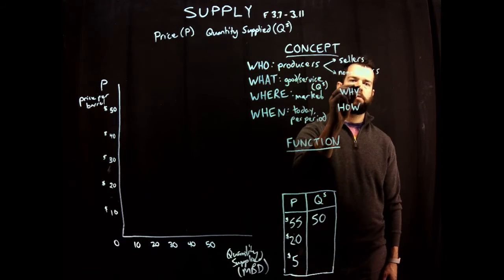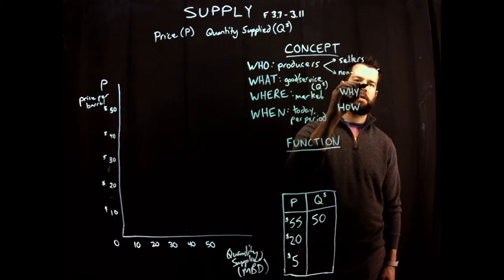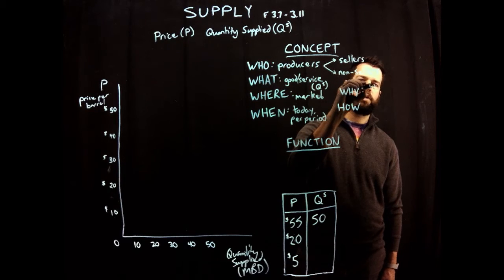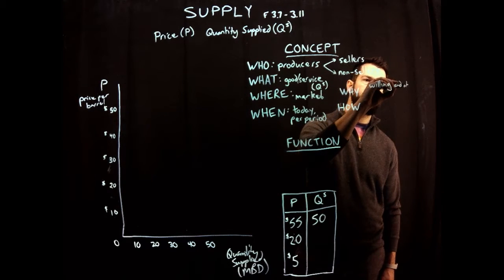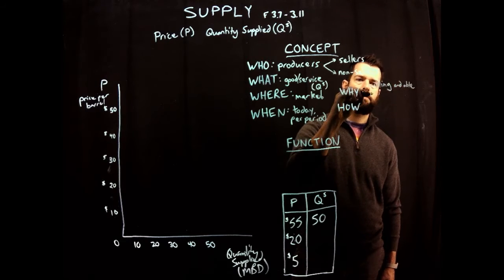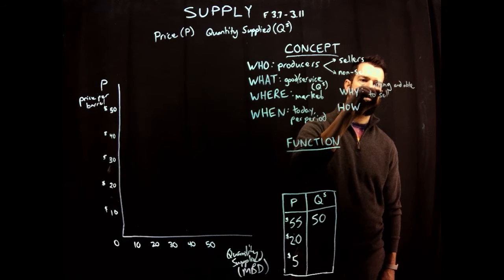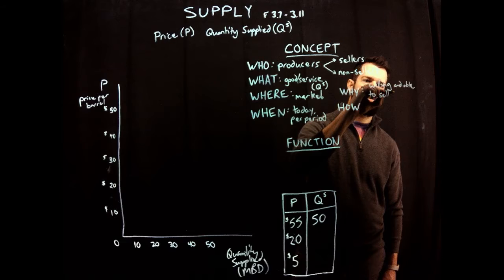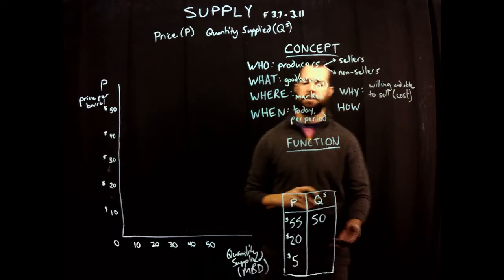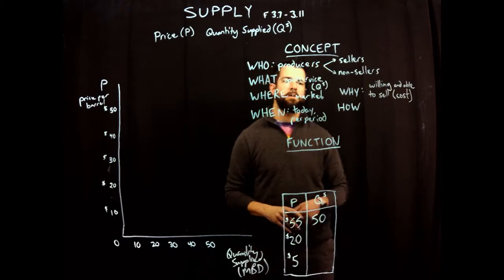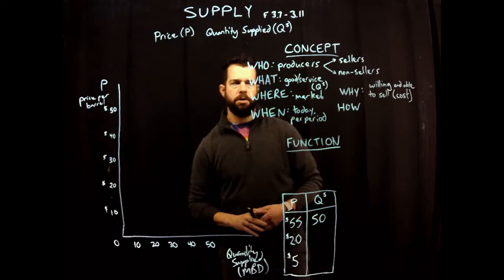Because they are willing and able to sell, and that's ultimately determined by their cost. We're just going to call it cost, although technically it's marginal cost. But for now, we'll just call it cost.